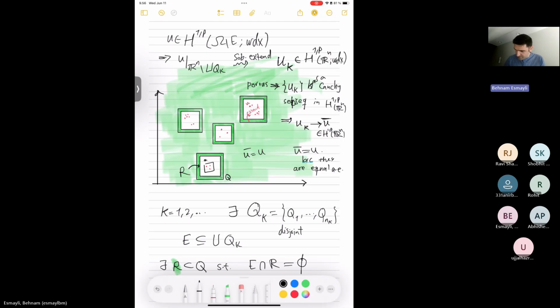So in some next generation you will be here, and this will not be in any of your cubes. So it will be equal to U for all the tail of the sequence. So you have proved that U belongs to H^{1,P} of all of R^n.